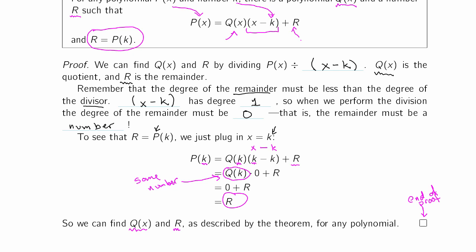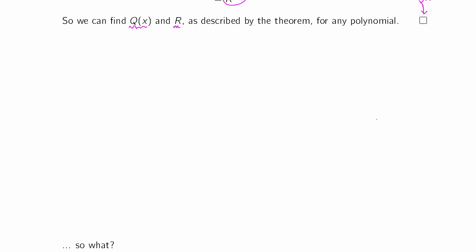I mean, that seems like it might give us a useful way of checking our division, but at the moment, just plugging a number into a polynomial sounds like it's a lot easier than that whole long division process. So at the end of the day, so what? Why on earth would we ever want this remainder theorem? Well, it turns out that there's a much easier way of doing polynomial long division for certain kinds of divisors. And that's the main thing we're going to focus on in this section.